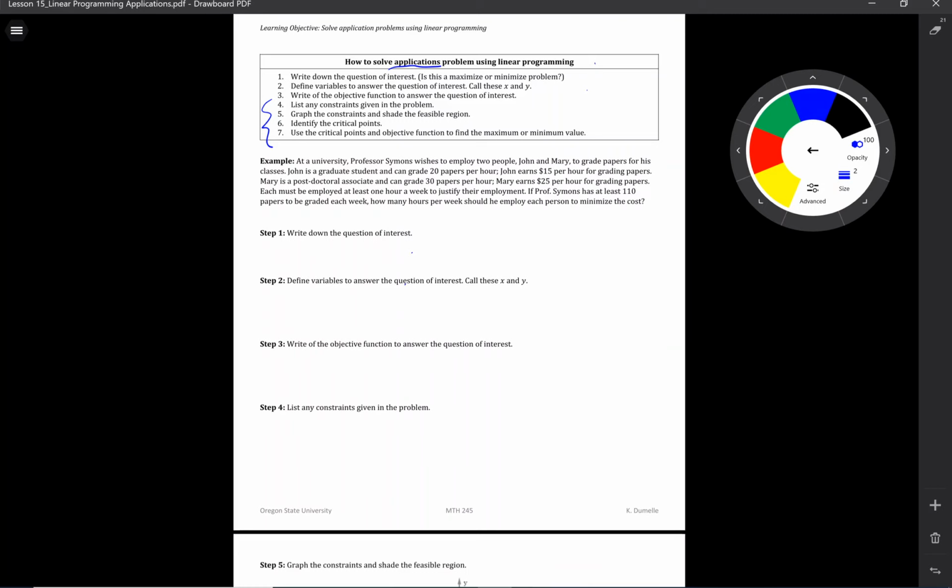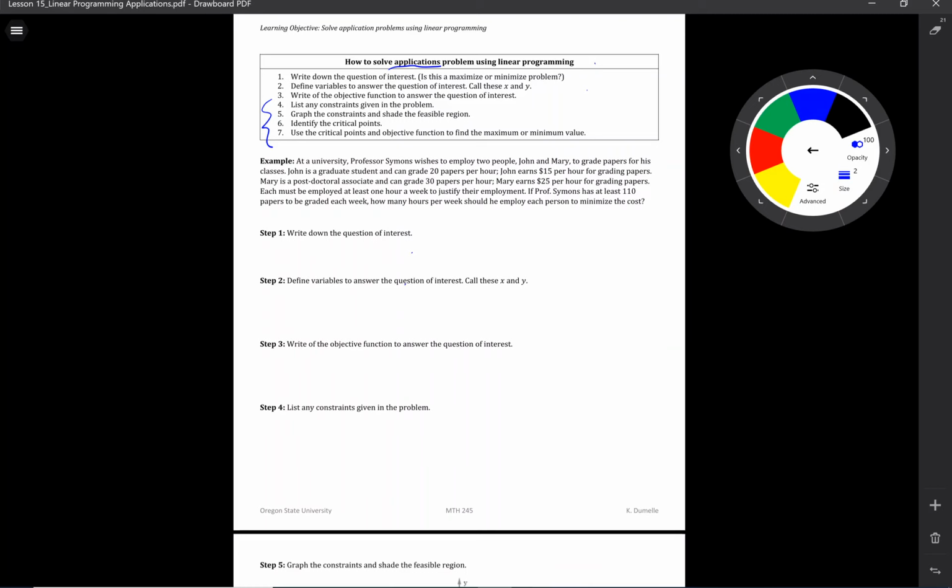So yeah, there's a lot of information here, right? But we are going to parse through all of this information just fine. First step is to write down my question of interest. So it gives it to us. How many hours per week should he employ each person to minimize the cost?